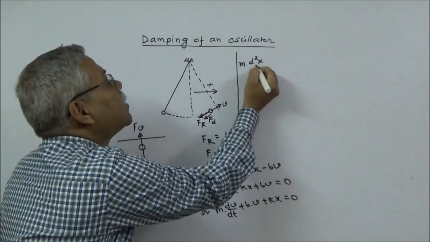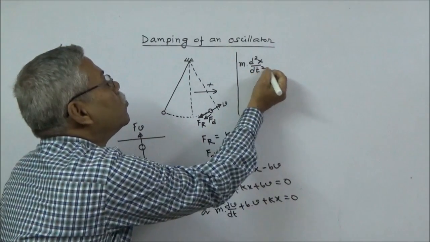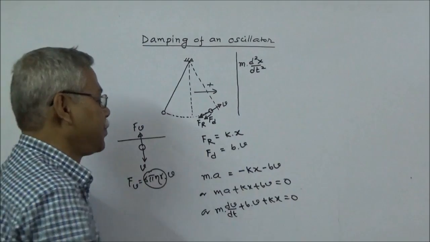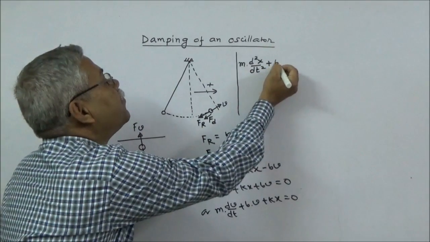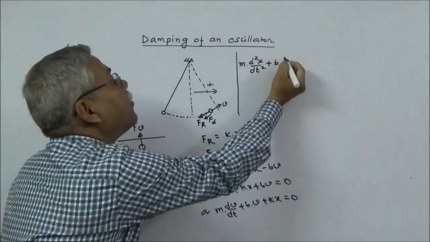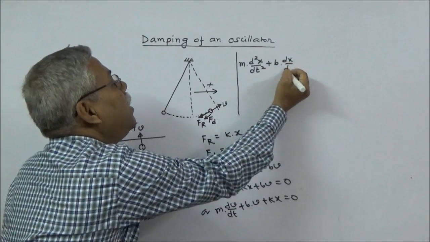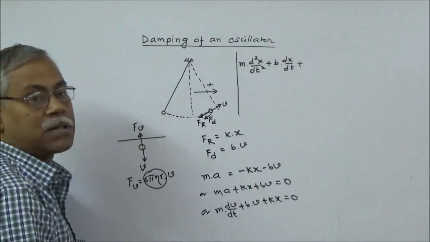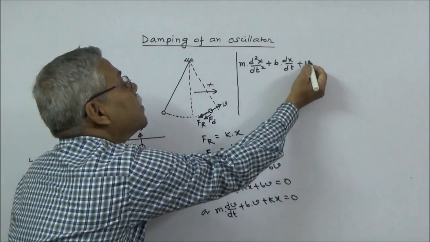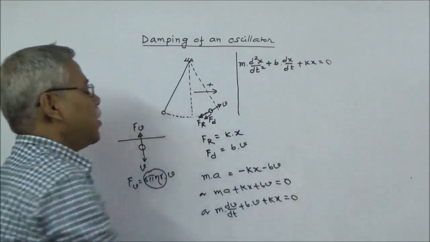So m d2x by dt square plus b dx by dt plus k x equals 0.